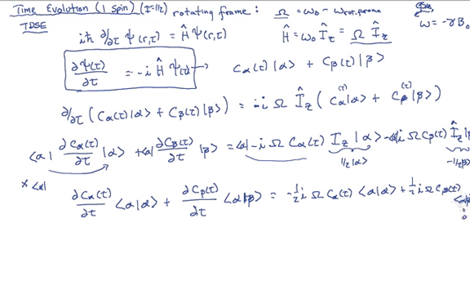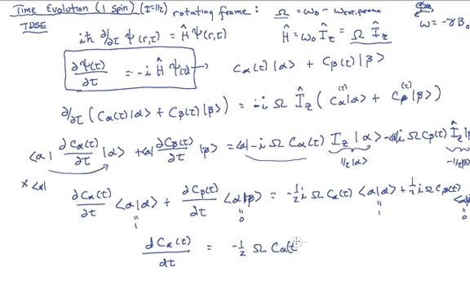So that's equal to 1, and that's equal to 0. So that has greatly simplified things. Now the derivative of C alpha(t) with respect to time is minus a half this frequency C alpha.